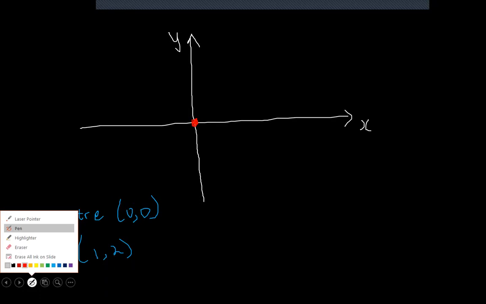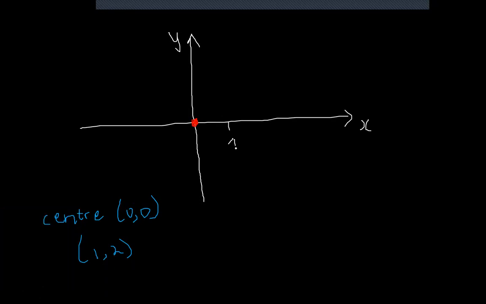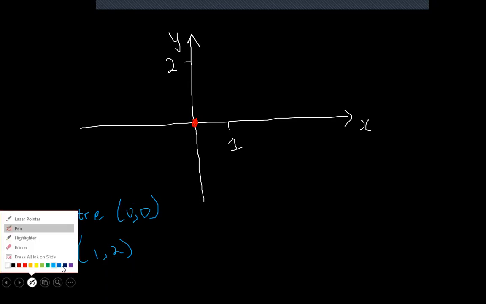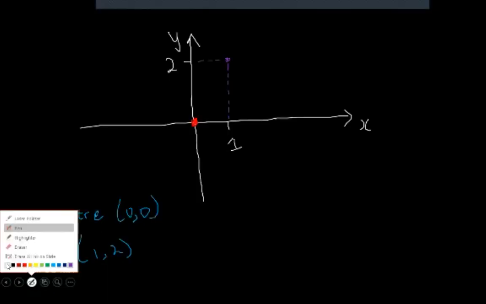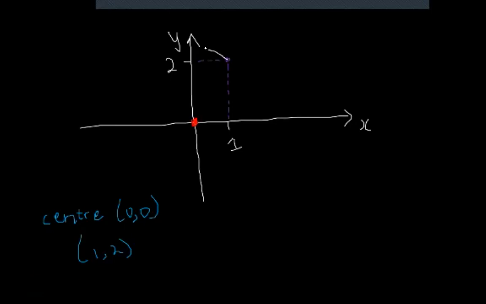I'll say this right here is 1 and this is 2. This is just a sketch, so it's not accurate. This would be my point here, because if I draw a horizontal line and a vertical line, that's where they intersect. So let me just draw the circle now.